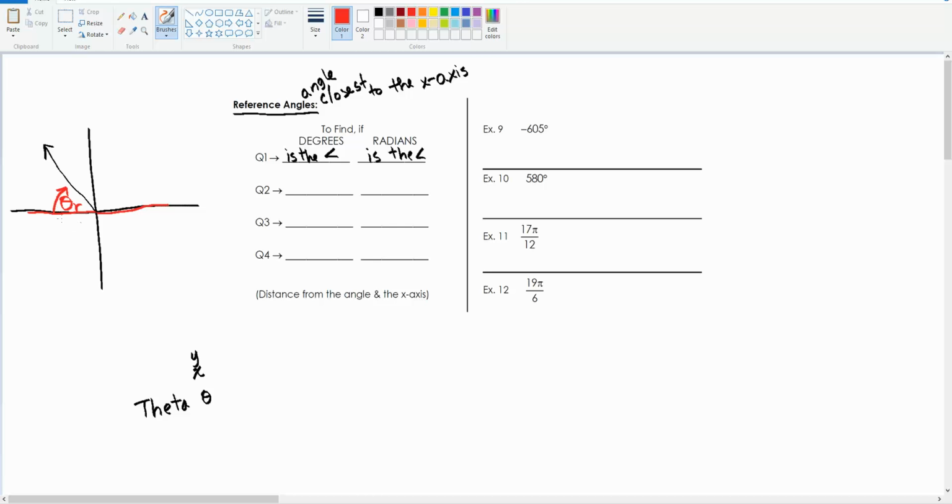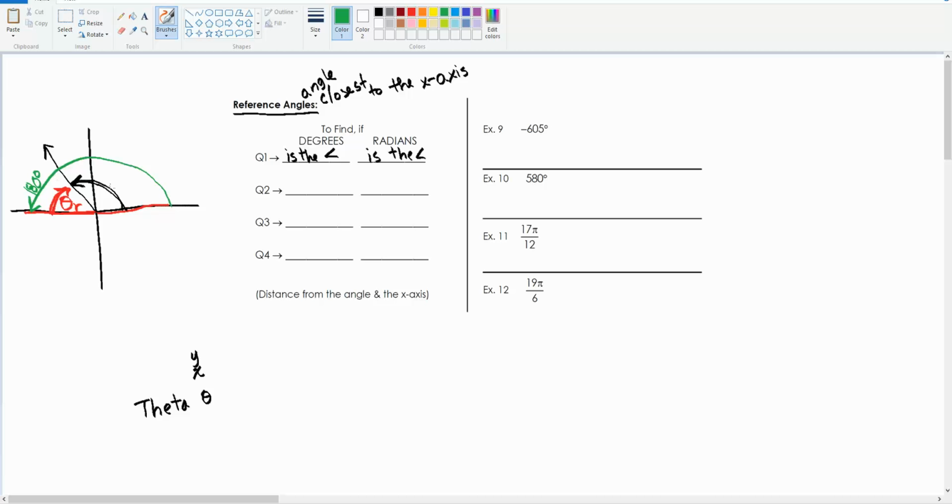So when you're in quadrant 2, you're always going to start from this side up to the angle. That's going to be your reference angle. Well, you may not know that one, right? So this angle can either be measured from here or from here. So how do we find it? Well, if you happen to know this angle, you also happen to know that this whole thing is 180 degrees, right?